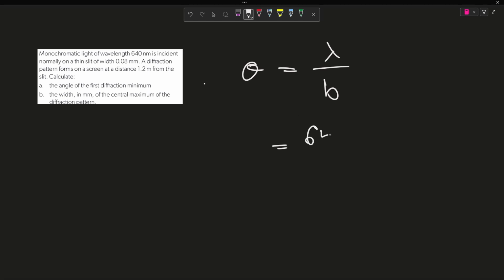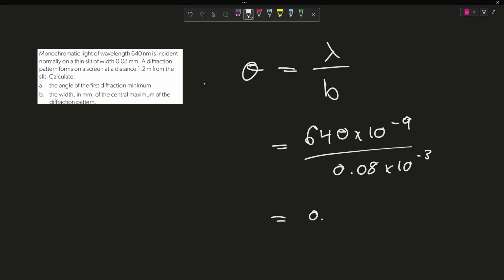So here it's 640 times 10 to the minus 9 divided by the width of the slit, 0.08 times 10 to the minus 3. And this is equal to 0.008 radians.